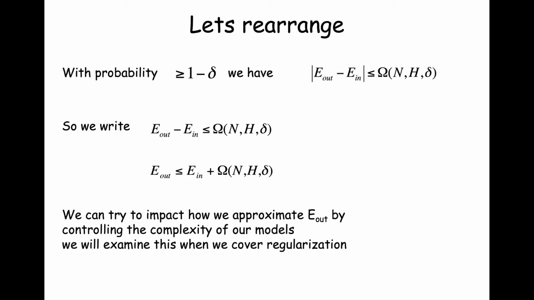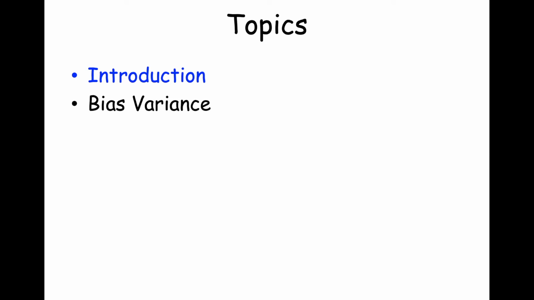And you can try to impact how you approximate E out by controlling the complexity of our models. And there's a technique called regularization, which does exactly that. So let's look into our alternate treatment, bias variance.